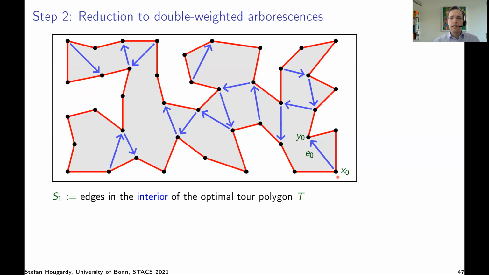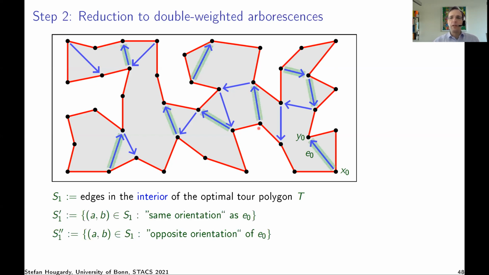So we can start going around the optimum tour, starting in the point X0, and now we go around the tour. And whenever we meet an edge of S1 for the first time, we distinguish whether we hit this edge at the head or at the tail. And if we hit the edge at the tail, we will put it into the set S1 prime. And if we hit the edge at the head, we put the edge into the set S1 double prime.